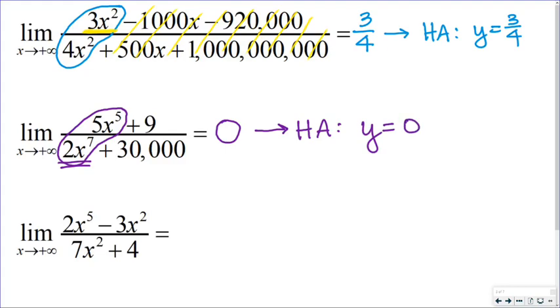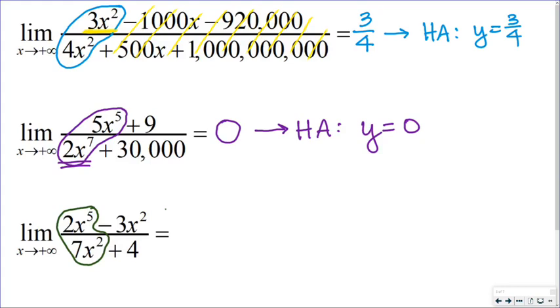In the final example here, I have an expression, the limit as x approaches positive infinity of 2x to the 5th minus 3x squared over 7x squared plus 4. In this example, the highest power of x in the numerator is greater than the highest power of x in the denominator. So now we're going to have a very large number in the numerator divided by a much smaller number in the denominator.